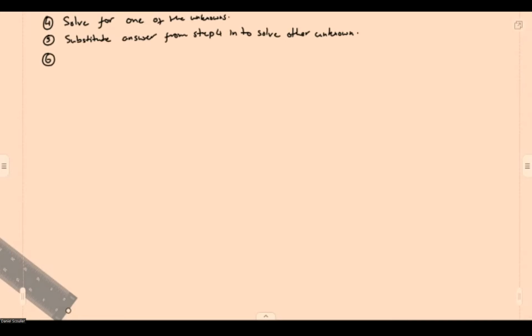And 6, which is optional, check answer. I'll explain that in a second. So these are 5 or 6 steps, and I just wanted to write them down so you can follow through, because it is sometimes quite a lot of writing.